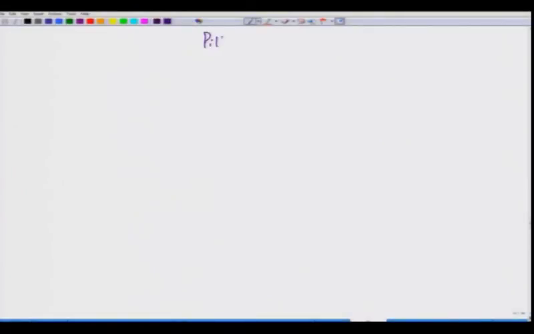Now, let us go to the fourth mode of corrosion. This is also a very, very deadly form of corrosion, which is called pitting. The criteria for formation of crevice corrosion are almost similar in the case of pitting.